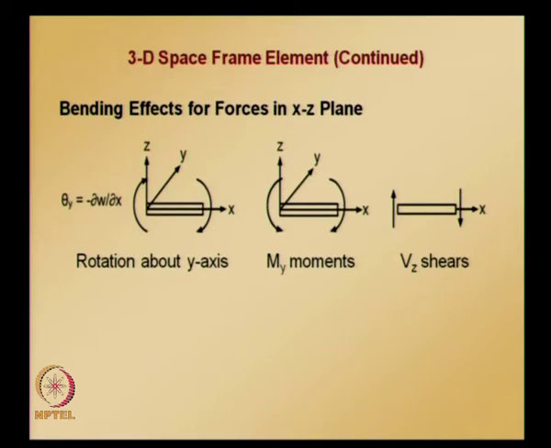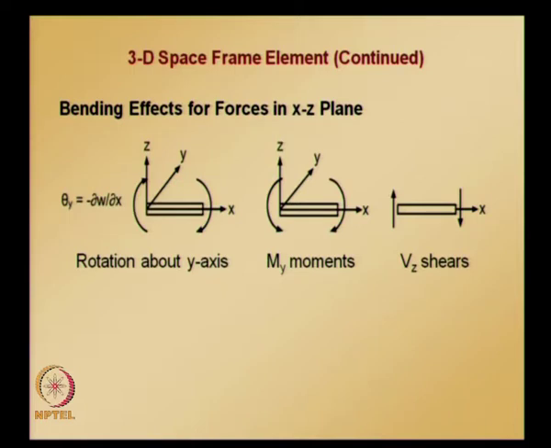And now bending effects for forces in the xz plane. Forces applied in the xz plane produce bending about the y axis. Using the right hand rule, the clockwise rotations about the y axis are positive. So the rotation about the y axis is equal to minus the partial derivative of w with respect to x.